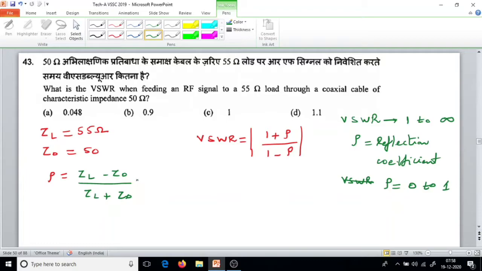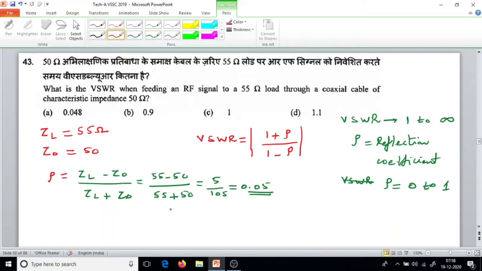So 55 minus 50 divided by 55 plus 50. So 5 divided by 105, when we solve, we will get 0.05. Now reflection coefficient we know.